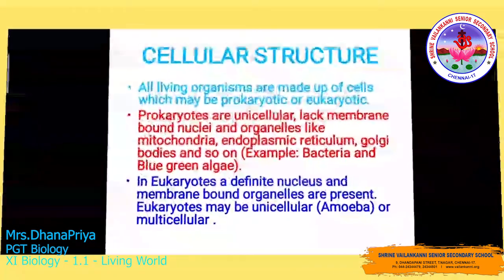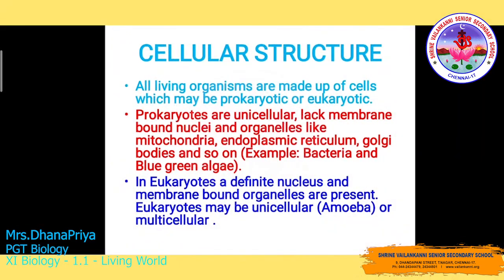Now we discuss cellular structure. So what is a cell? The definition of a cell: the cell is the fundamental unit of all living organisms. The term was coined by Robert Hooke. We studied this in class 9 itself. All living organisms are made up of cells, which may be prokaryotic or eukaryotic.